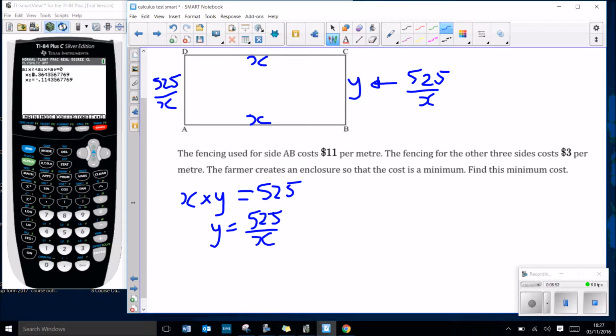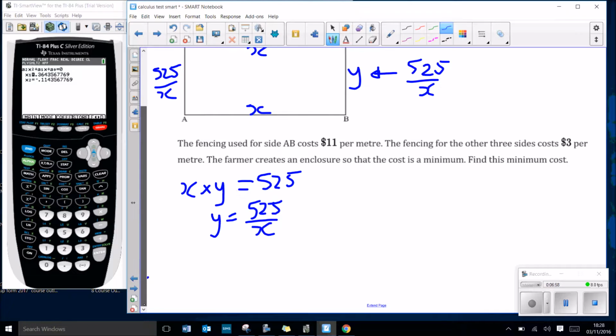So it says the fencing used for side AB costs $11 a meter. So we're now looking for an expression for the cost of the fencing. So if it's $11 a meter, that would be 11 times x. The fencing for the other 3 sides costs $3 a meter. So let me try and color code this.